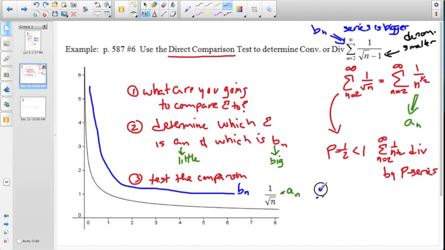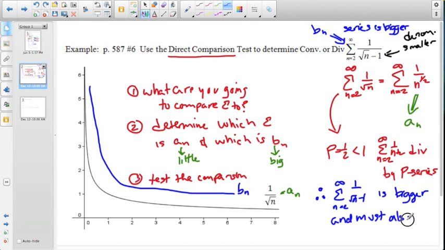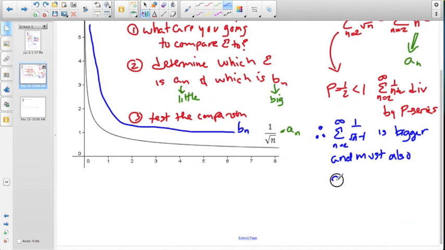So therefore, 3 dots mean therefore. Therefore, this series is bigger and must also diverge by p-series test, by direct comparison test.